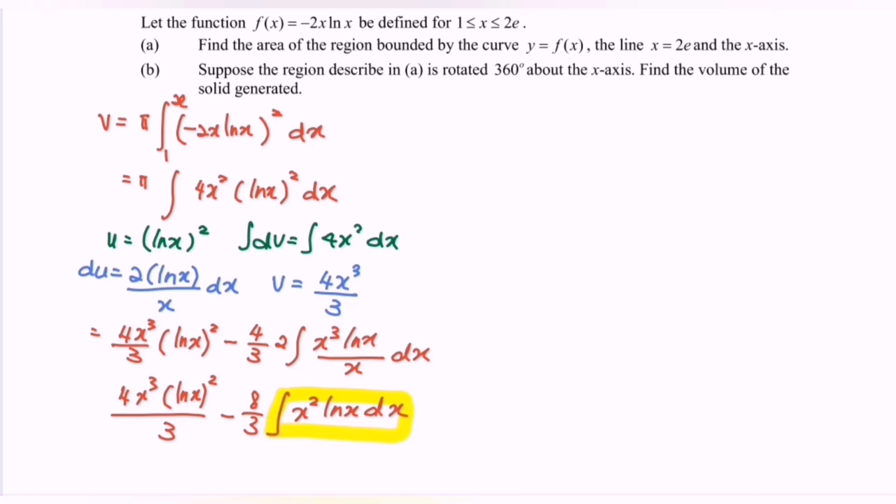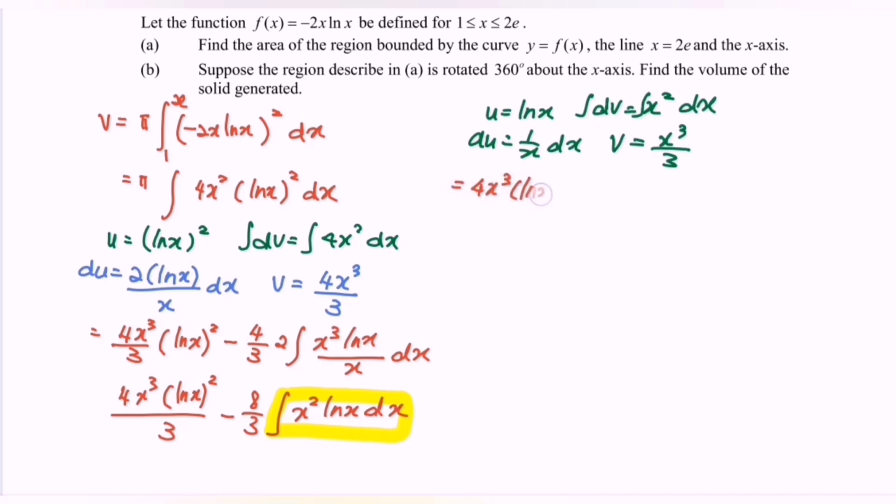Repeat the process for the by parts situation. So let u equal ln x, and dv equal x square dx. So du equals 1 over x dx, and if we integrate, we will have v equals x to the power 3 over 3. So repeat the situation. We have 4x cubed bracket ln x bracket square over 3 minus 8 over 3 bracket.